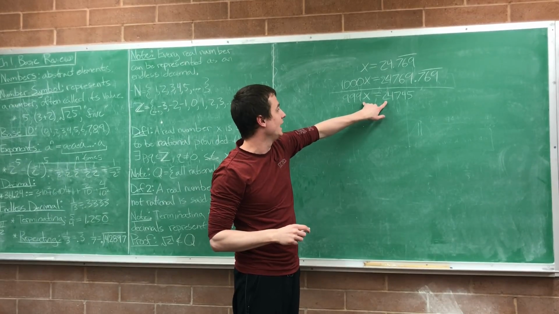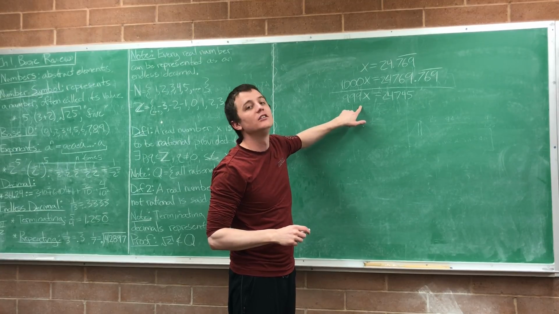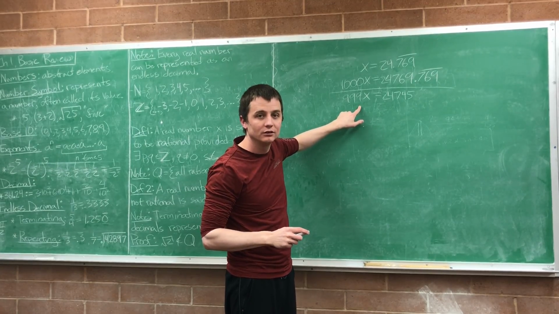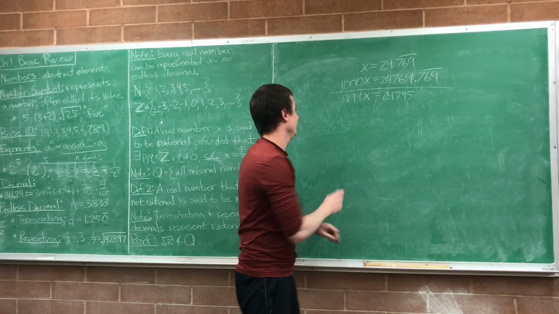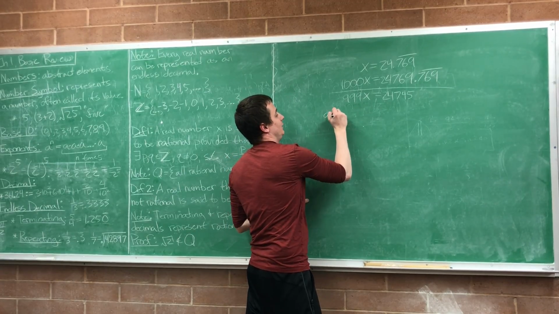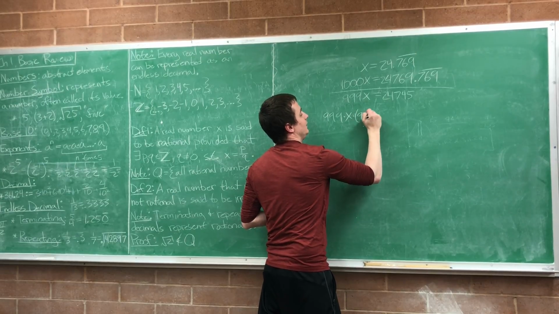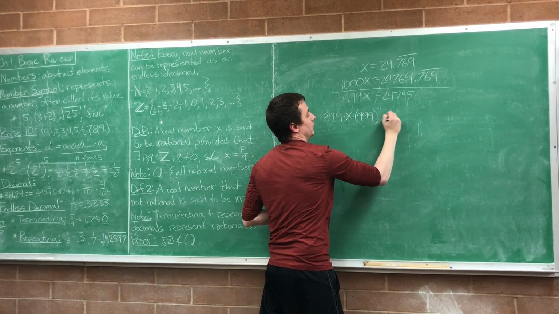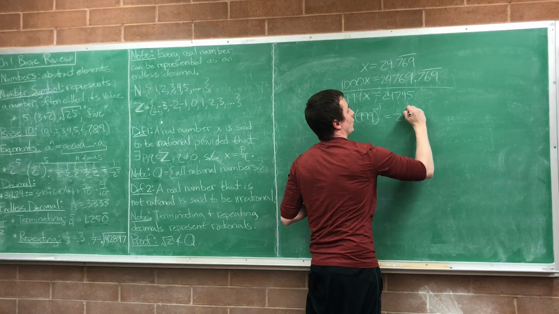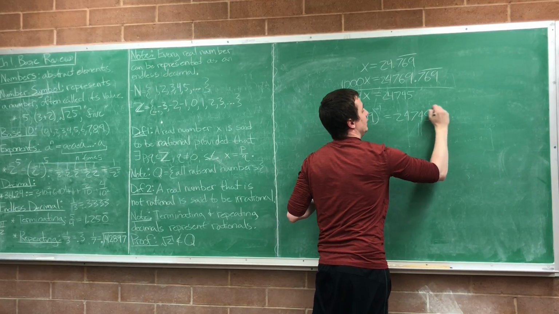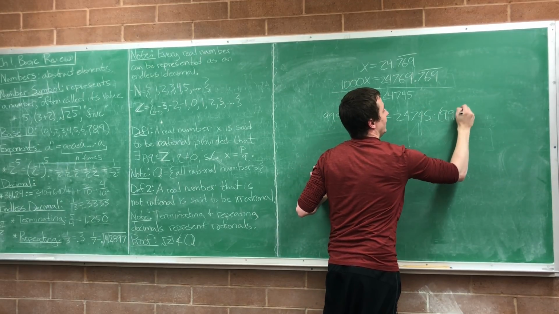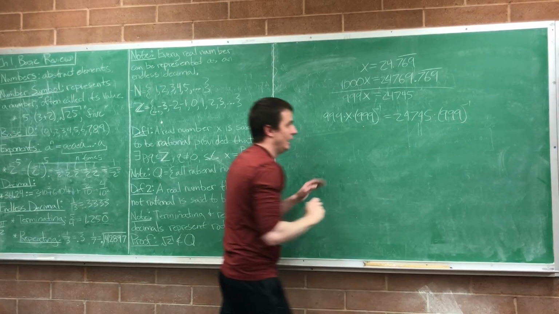I'm going to multiply both sides by 999's multiplicative inverse. So if this is equal to this, then 999 times x times 999's multiplicative inverse is equal to 24,745 times 999's multiplicative inverse, right?